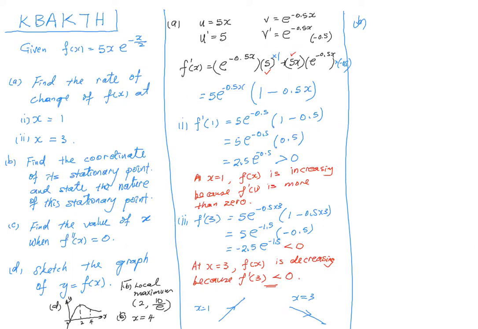The dy dx, the function equals to 0. So f prime x equal to 0, correct? Yes. So I have 5 e to the power negative 0.5x times 1 minus 0.5x equal to 0. Okay, so next.